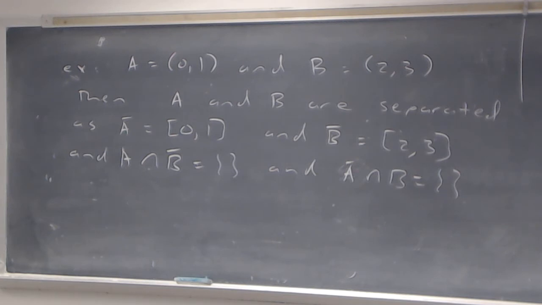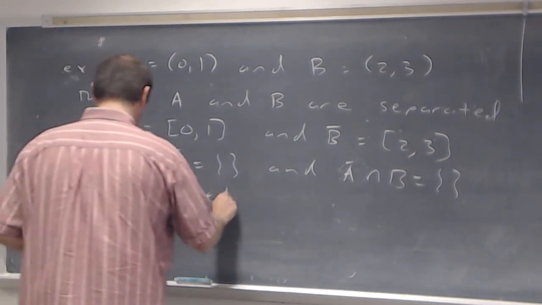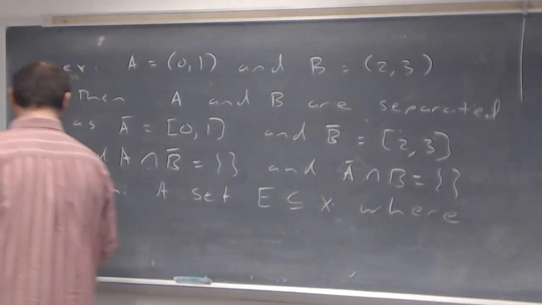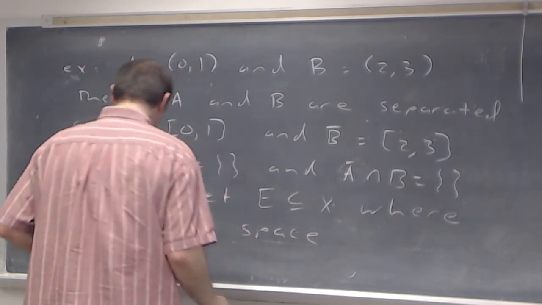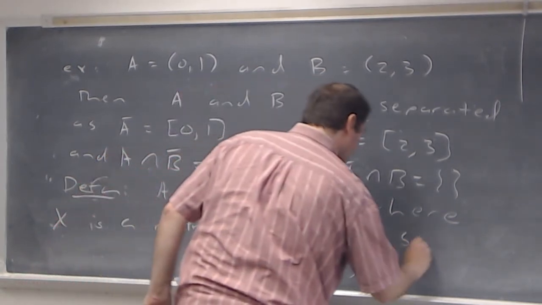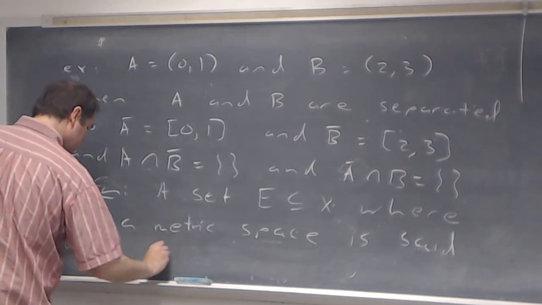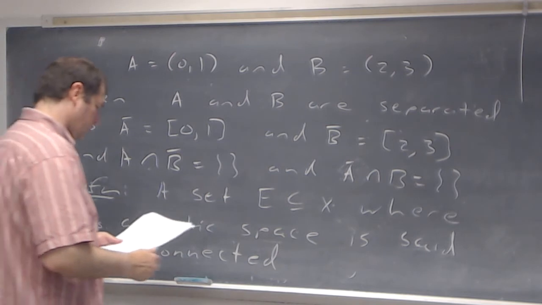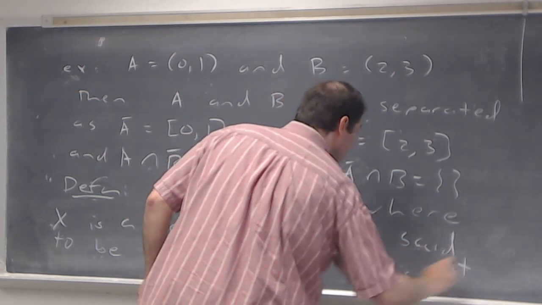Okay, another definition we want to look at is that a set E, a subset of X where X is a metric space, is said to be connected if E is not what?